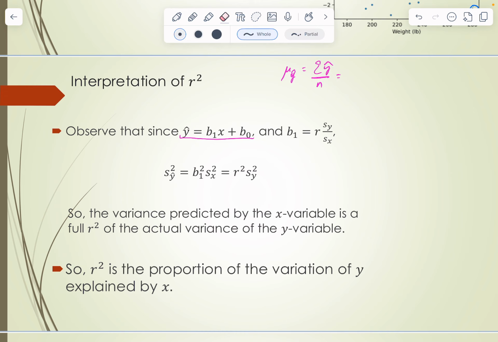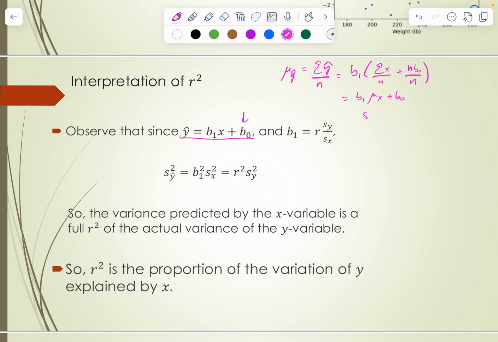I can factor b1 out of my sum, and these constants are just going to add up. I'm going to have n of those b0s, but I'm dividing by n, and so I end up getting b1 times mu x plus b0.